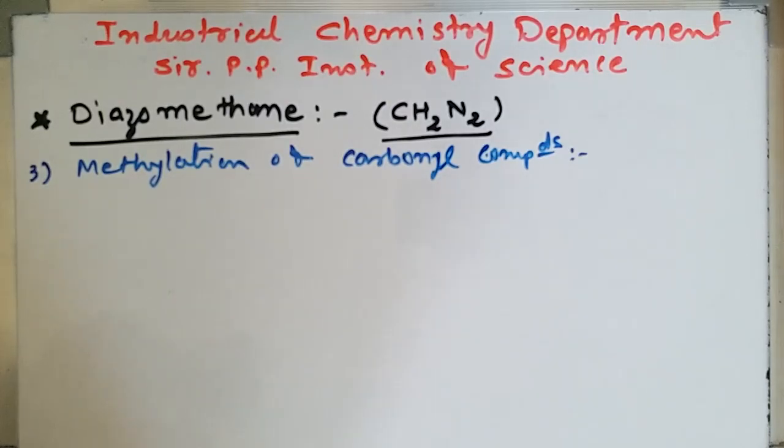Diazomethane also reacts with aldehydes and ketones to form a mixture of ketone and ethylene oxide.